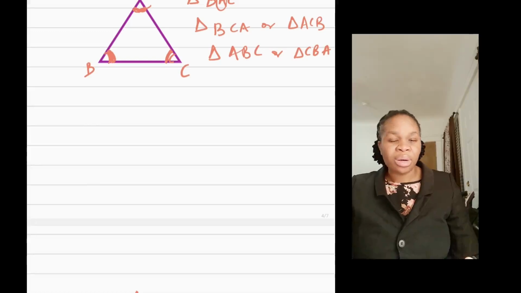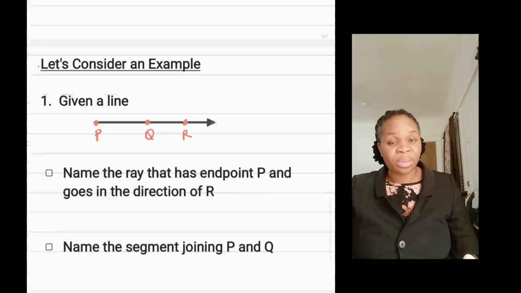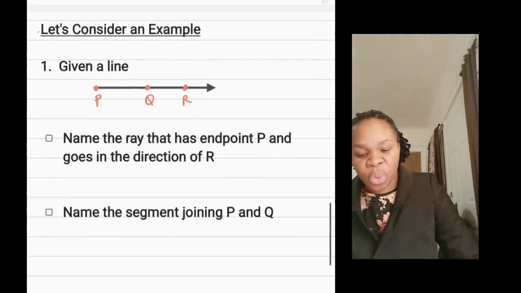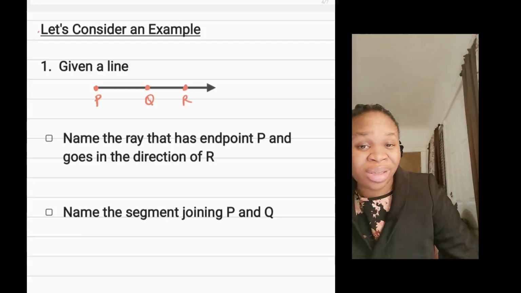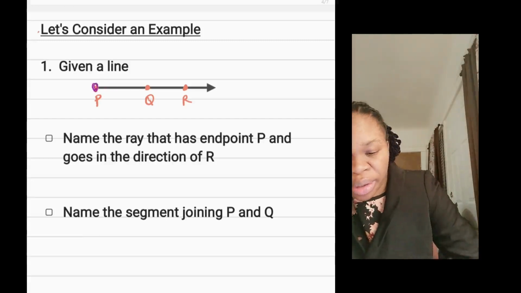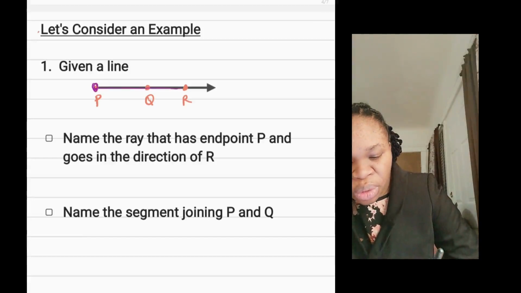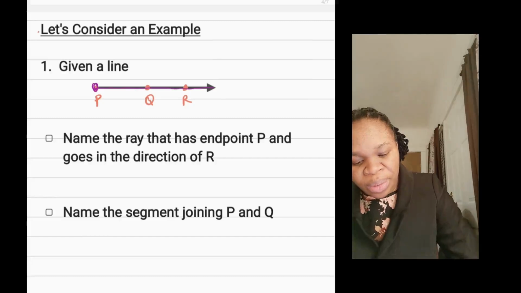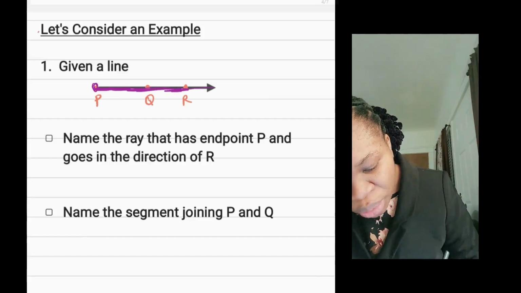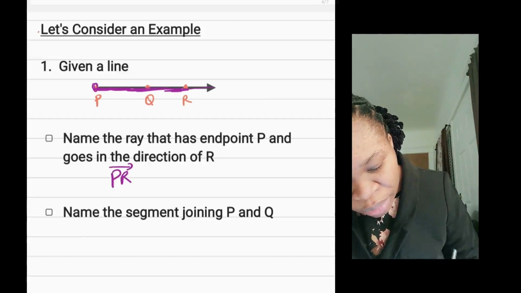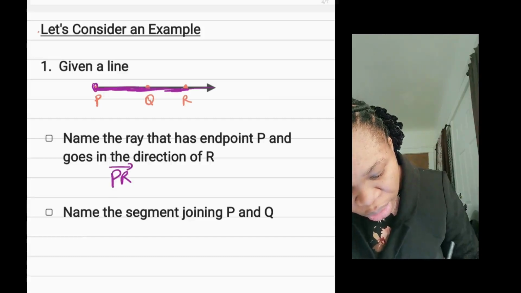So let's see how all this plays out. Let's consider some examples. Example, the first one, given this line PQR, we can see this is a ray because it has an endpoint here and goes on and on. So name the rays that have endpoint P and go in the direction of R. So I have the first one to go like this to R, that is PR.